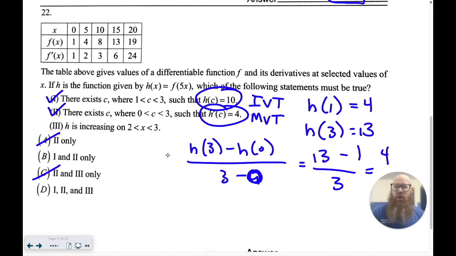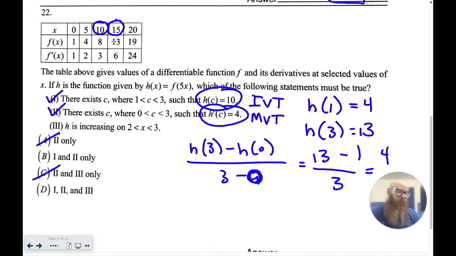Okay, so now increasing, h is increasing from 2 to 3. Well, h of 2 is really f of 10. And h of 3, we've already talked about, is really f of 15. This is interesting, right? The derivative seems like it's positive, so it's increasing.